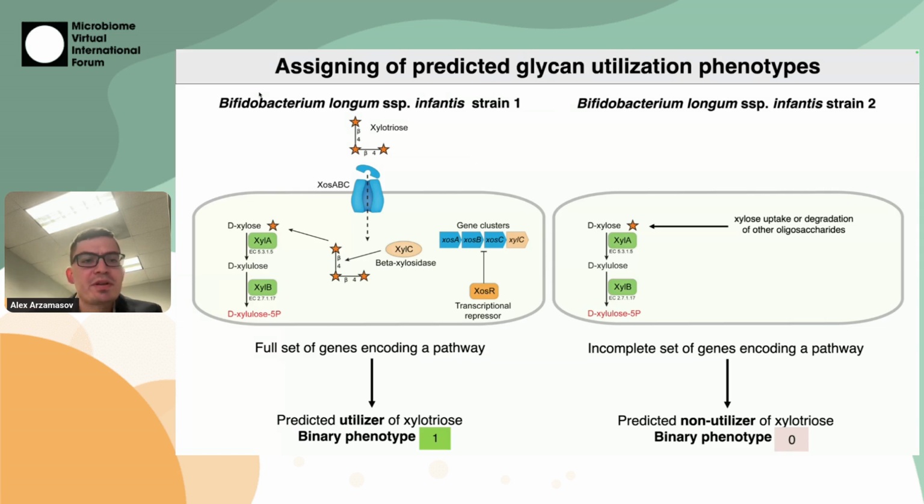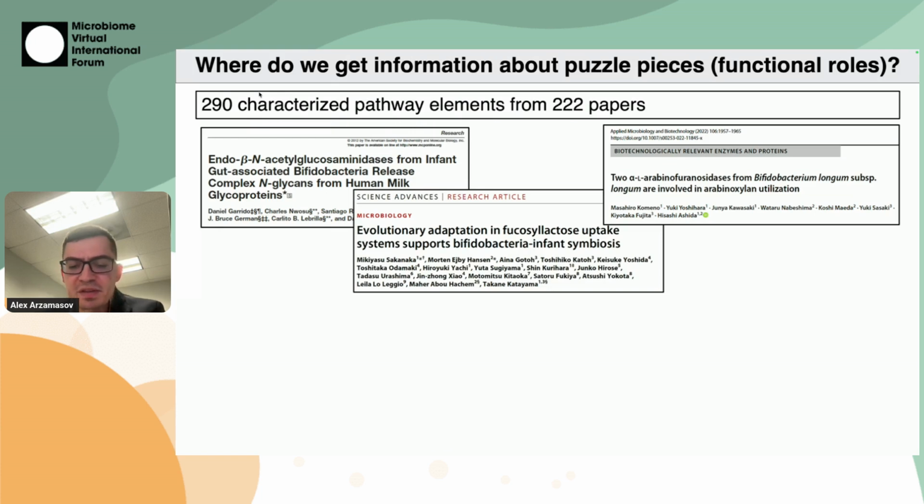When we do this metabolic reconstruction, what's very important is to know what genes we need to search in the genomes. The problem here is that a lot of this information is not represented in public databases. So what you have to do is go into primary literature and step by step dig this information about these various glycoside hydrolases and transporters, and then propagate this information on various genomes and strains.